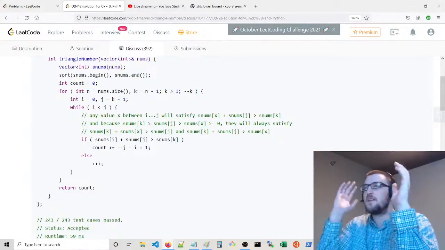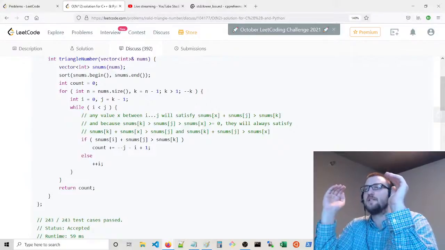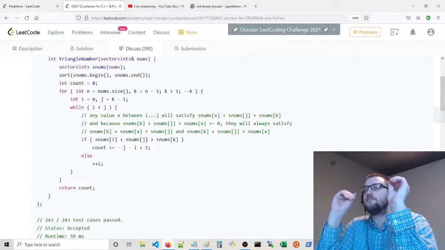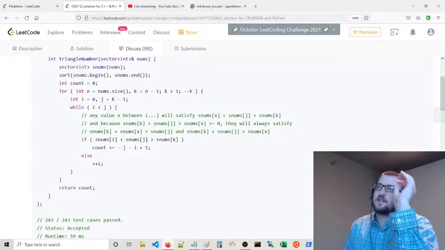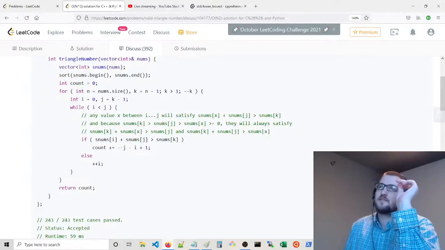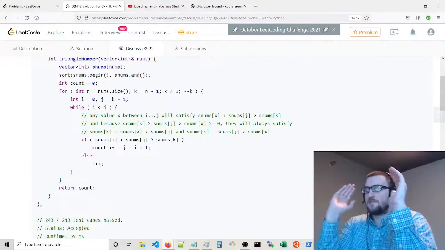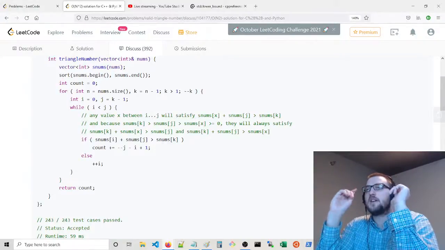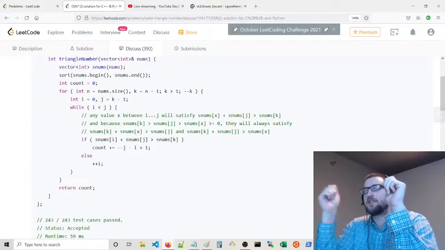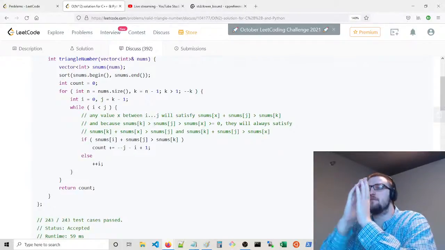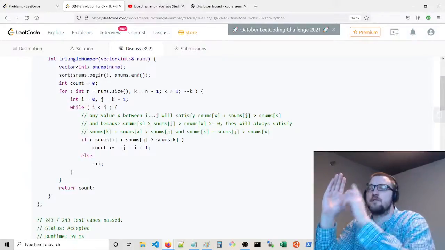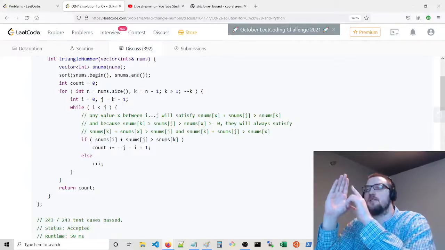All right, so start from the rightmost index, and you have a pointer on the left and a pointer on the right. I think that's why he did k and n. No, k could just be, no, that's fine. So pointer on the left, pointer on the right, you have this window. If we add these two numbers together and they're greater than k, then all the sums in between will necessarily be greater than k, because from the left all the way to j, all of those are going to be larger.